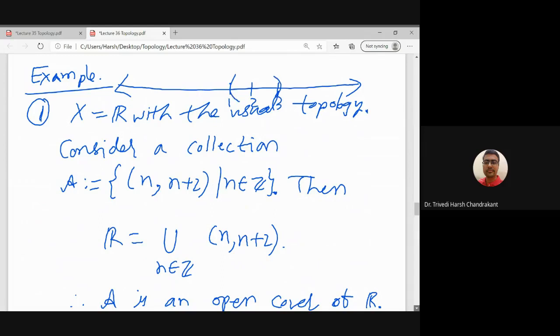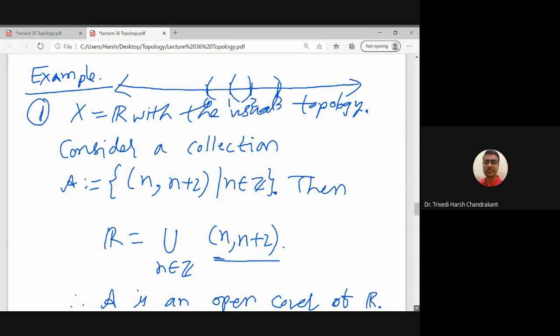If I take n equal to 0, it will be the interval from 0 to 2. So this is my second interval, right? That way, if I select the intervals one by one, since n belongs to Z, they will cover the entire real line.